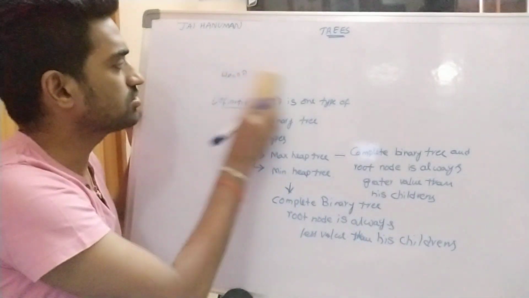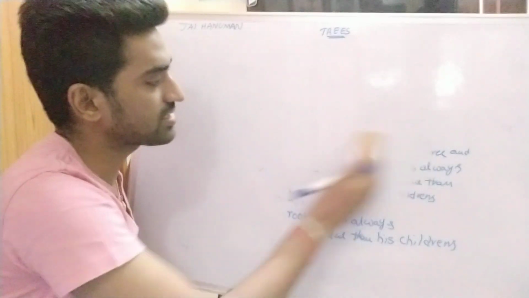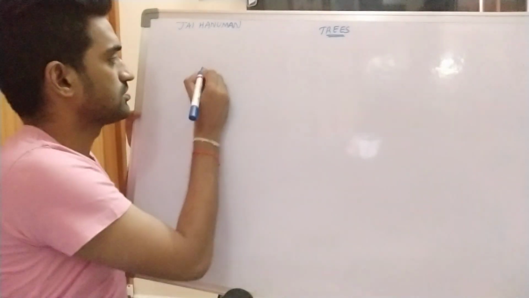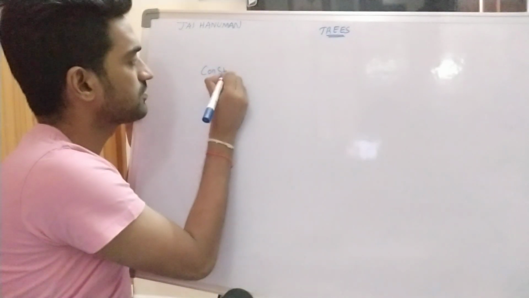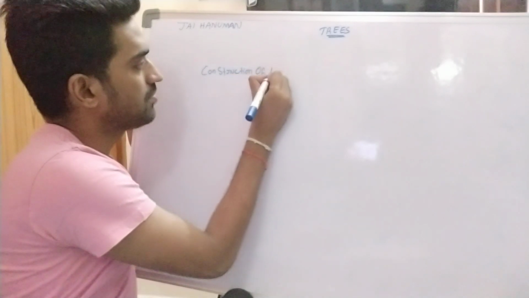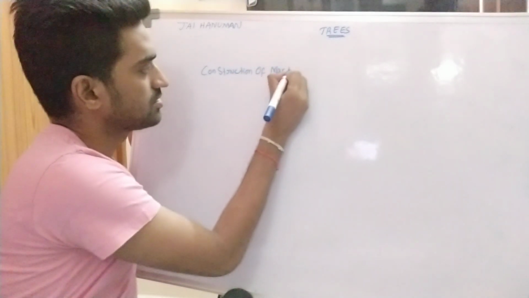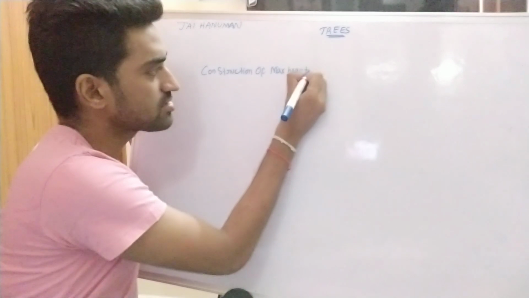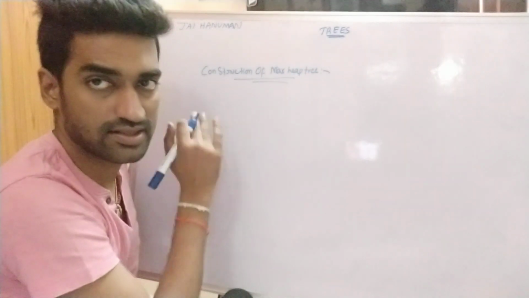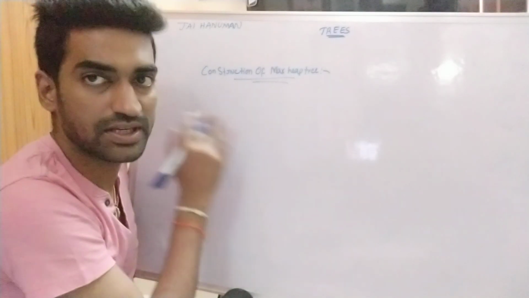So here, how to construct max heap trees. Construction of max heap trees. What is the property of max heap trees? The root node is always greater than its children, and it is a complete binary tree.